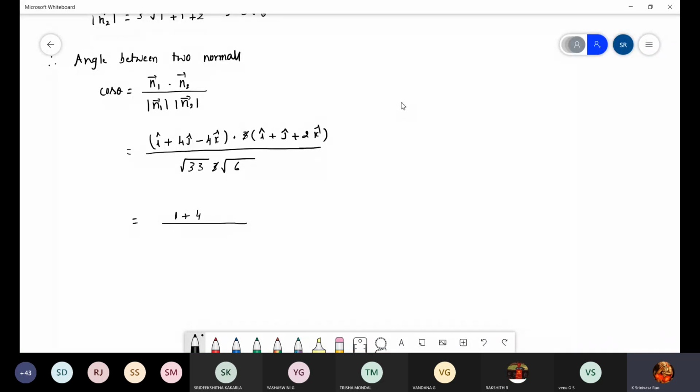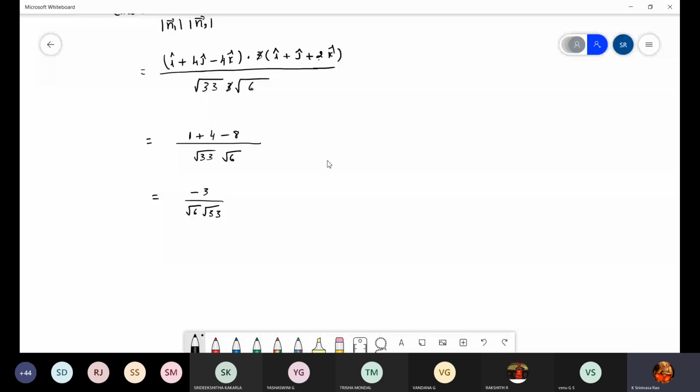So 1 into 1 is 1, 4 into 1 is 4, minus 4 into plus 2, minus 8, divided by root 33 into root 6. And this gives us 4 plus 1 is 5, 5 minus 8 is minus 3. Minus 3 by root 6 into root 33. Both you can multiply inside one root, or no problem, you can keep.